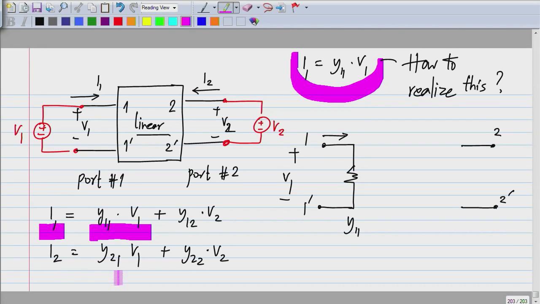So now let me take the first term of the second equation, the equation for I2. Now what is an element that will realize this? That is, I want to now realize I2 equals Y21 V1. So what is the element that is going to realize this, and how do I connect it to this circuit?